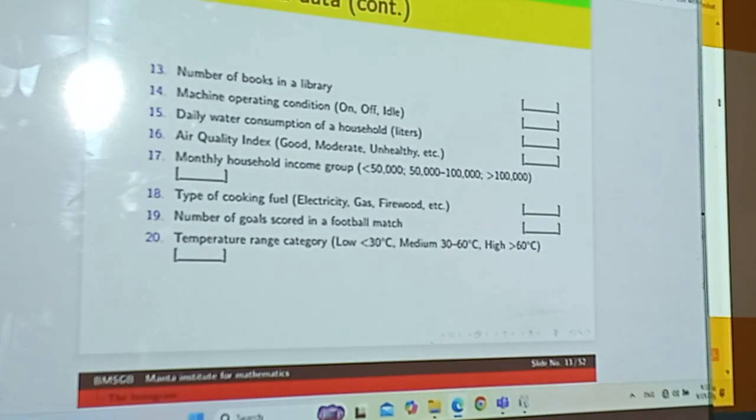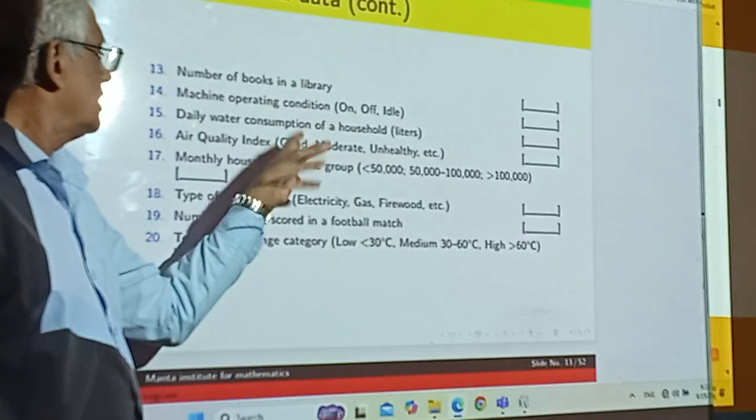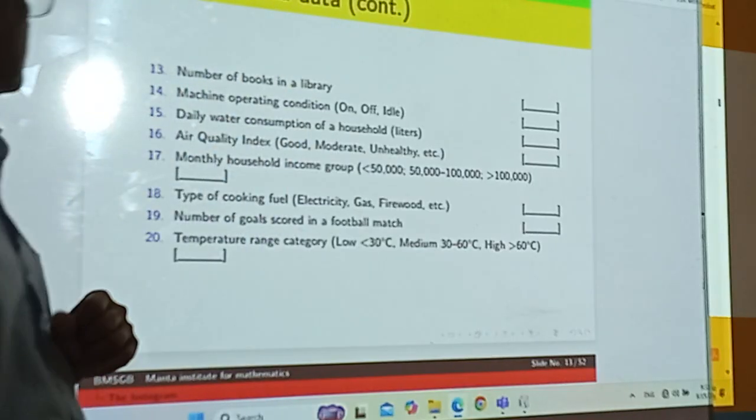Quickly, number of books in a library. Quantitative, discrete. Machine operating condition: on, off, or idle. Qualitative, nominal. Daily water consumption of a household in liters. Quantitative, continuous. Air quality index: good, moderate, unhealthy, etc. Qualitative, ordinal, because unhealthy is the lowest level, moderate is higher, and good is better.